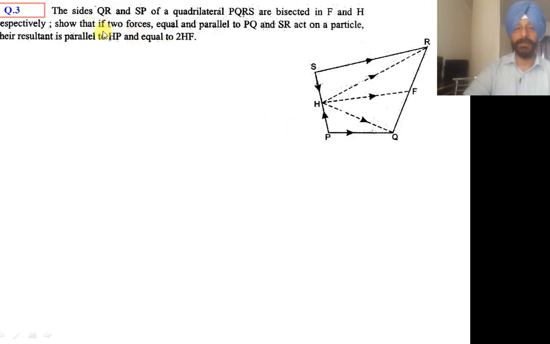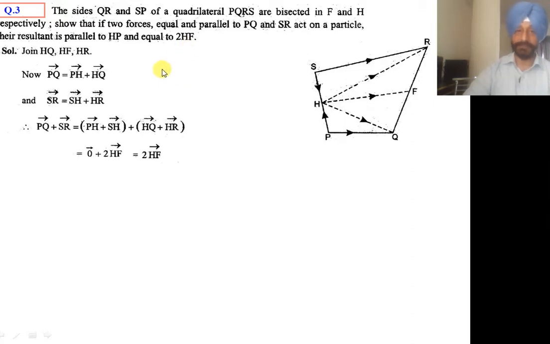So just see, QR and SP of the quadrilateral PQRS are bisected at F and H respectively.